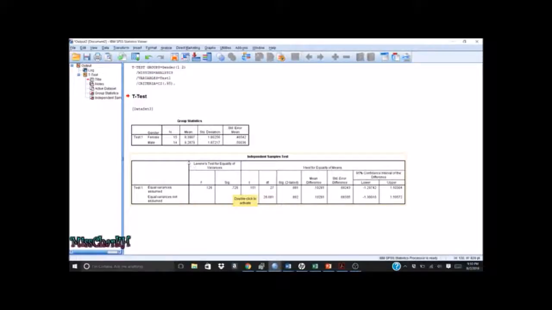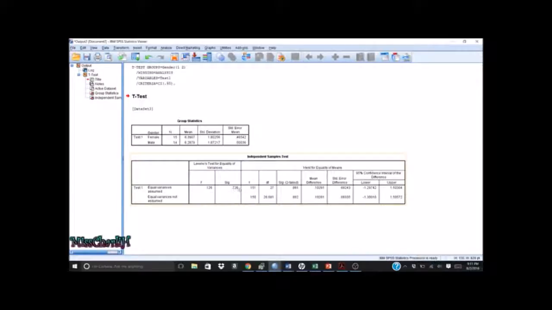You can see here there's a vertical line right here. These two scores, the F and the significance scores, are part of Levene's. If the significance score is below 0.05, that means it is significant. That means we have broken the assumptions, and we want to look at the information on the second line that says we're not going to assume equal variances.